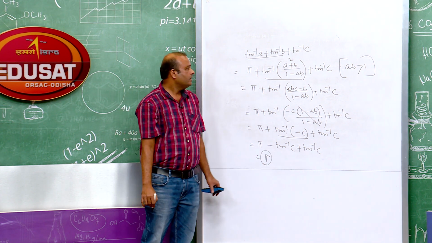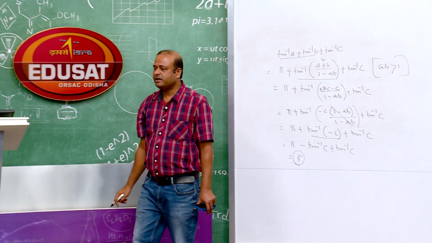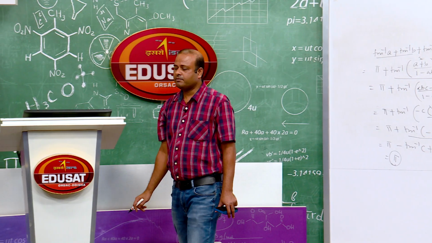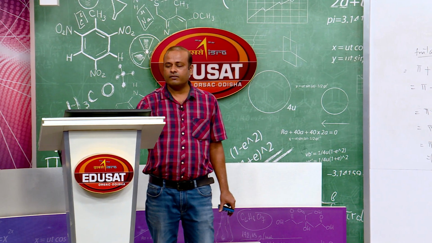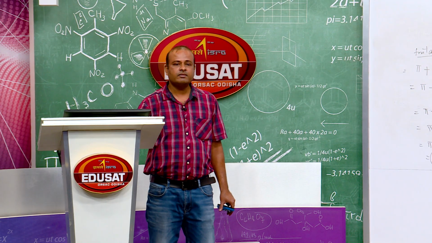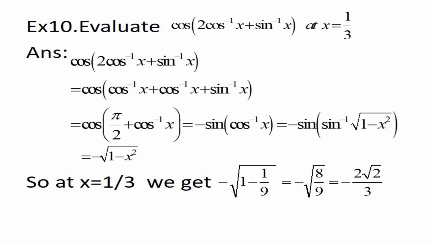Now if A plus B plus C is equal to ABC and A, B, C all are positive, then the value of tan inverse A plus tan inverse B plus tan inverse C is pi.